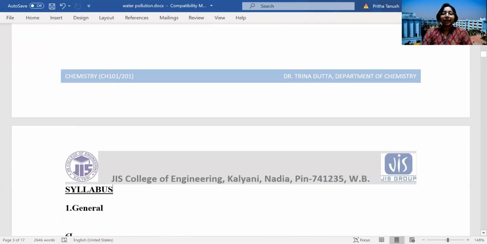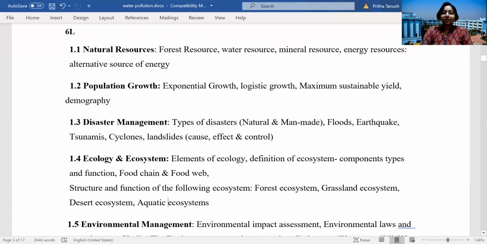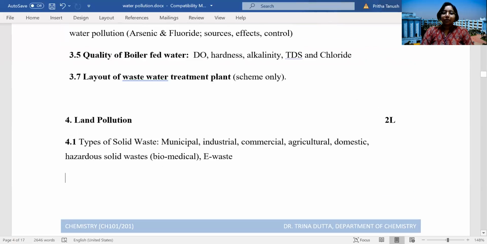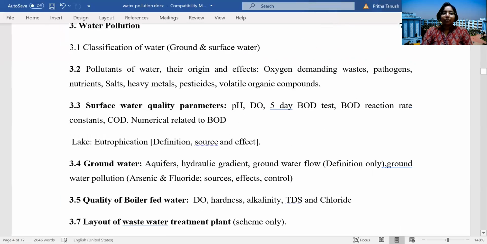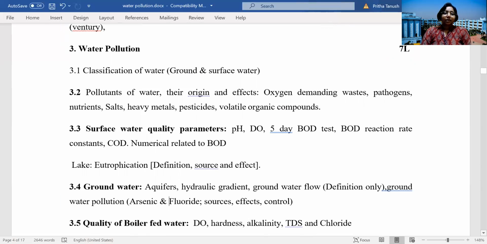So here the entire syllabus is given. First is the general part, then air pollution, then water pollution. In the water pollution, module 3, I will tell about the classification of water and the pollutants of water.